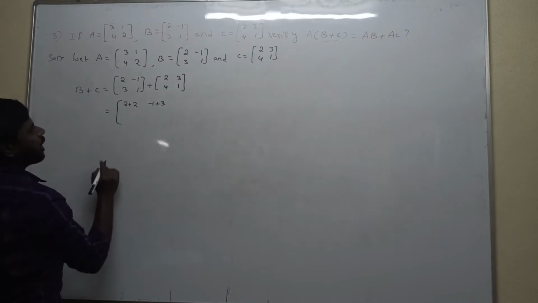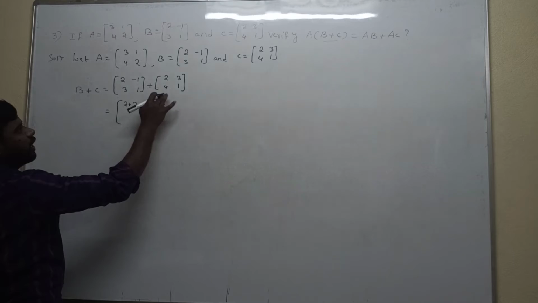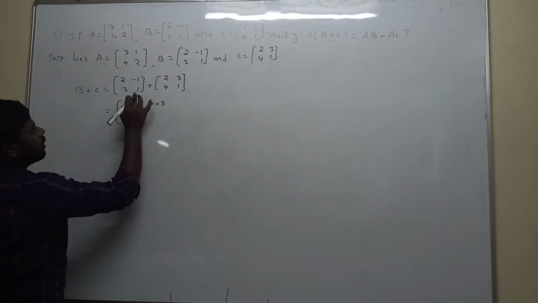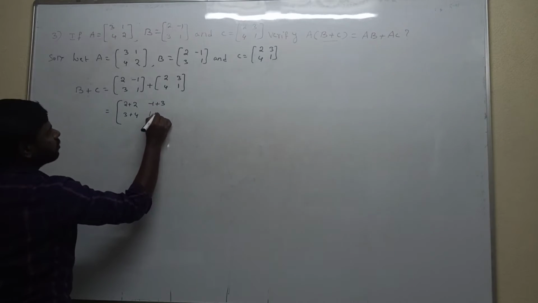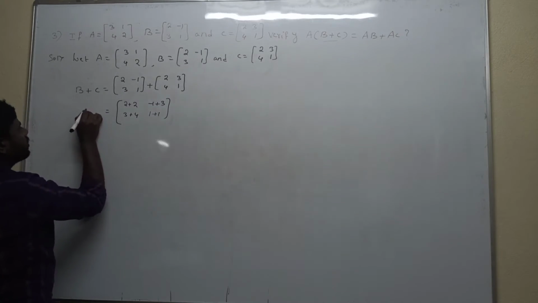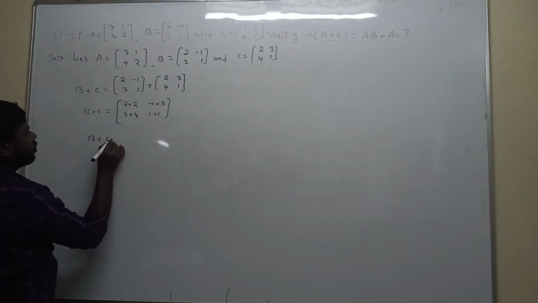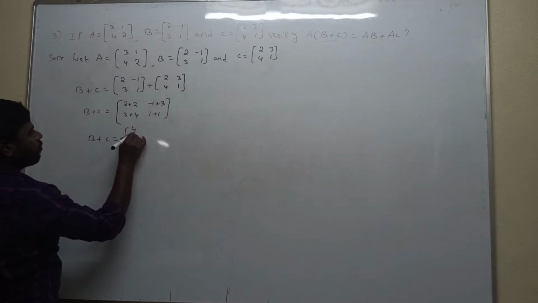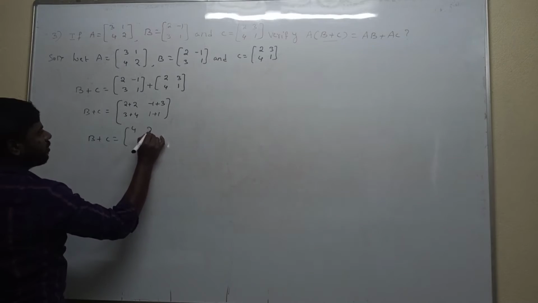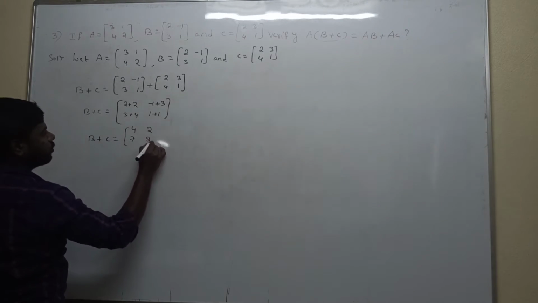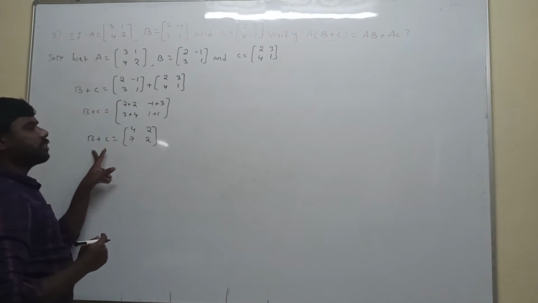We add corresponding elements because it is the sum of two matrices. 3 plus 4, next 1 plus 1. So B plus C is equal to, simplify these elements: 2 plus 2 value is 4, minus 1 plus 3 value is 2, 3 plus 4 value is 7, 1 plus 1 is 2. So we get the B plus C matrix.